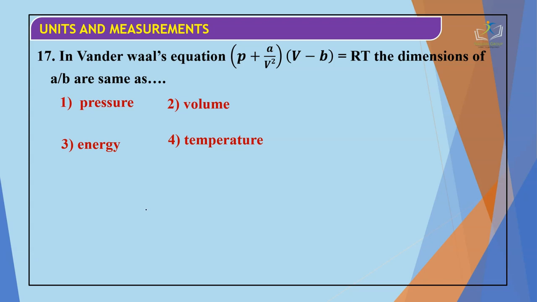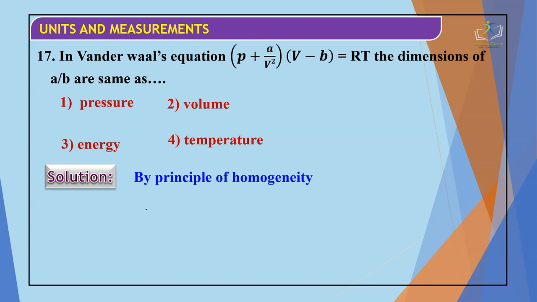Students, let's move with the solution part. By the principle of homogeneity, P equals a by V squared and a equals P V squared. So a by V equals P V squared by V, that means PV, where P means pressure and V means volume.